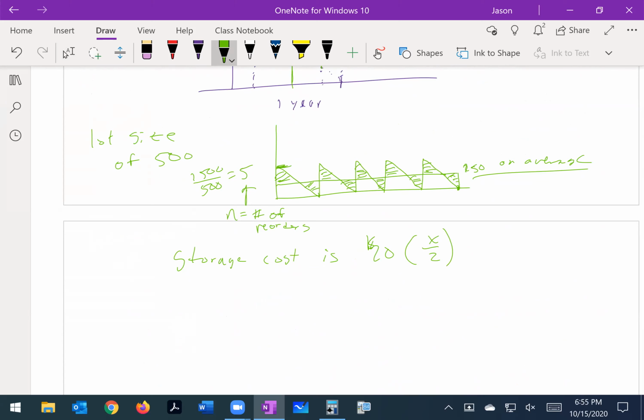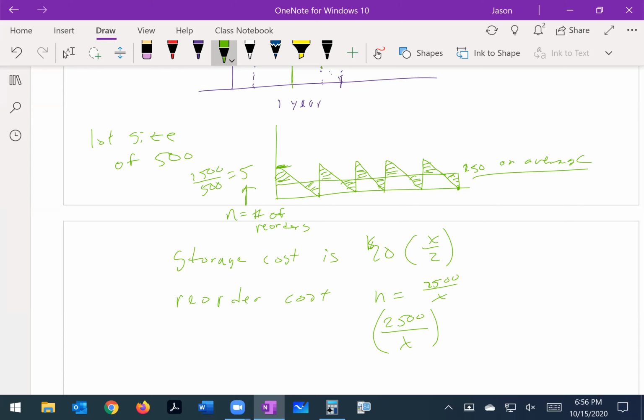I'm reordering. However, there is a reorder cost. This is going to be the number of times I have to reorder, which is 2,500 divided by X, my lot size, times the cost of reordering.